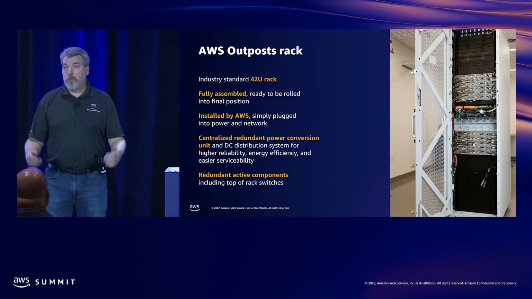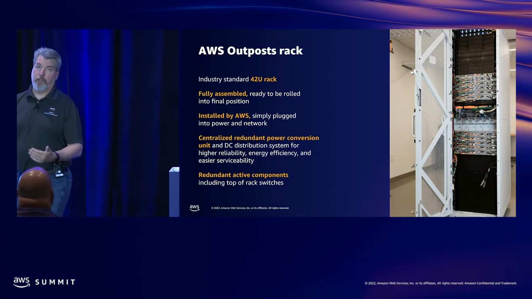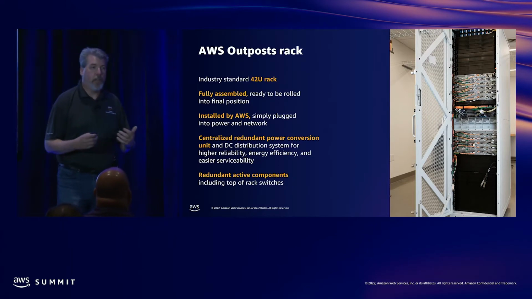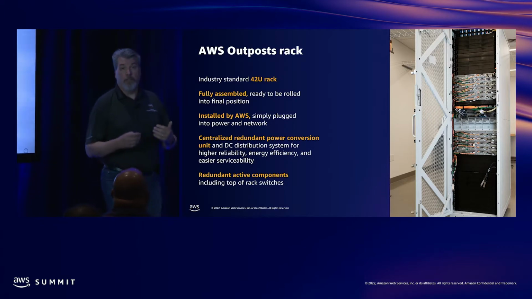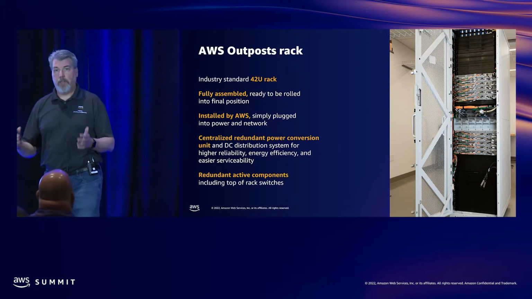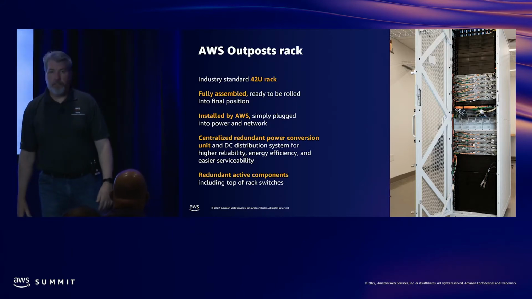You manage it through the same AWS console. When I say manage it, I'm talking about use it: deploying EC2 instances, creating EBS volumes, setting up your subnets. Everything is done through that single pane of glass of the AWS console, the AWS CLI, or your CDKs.